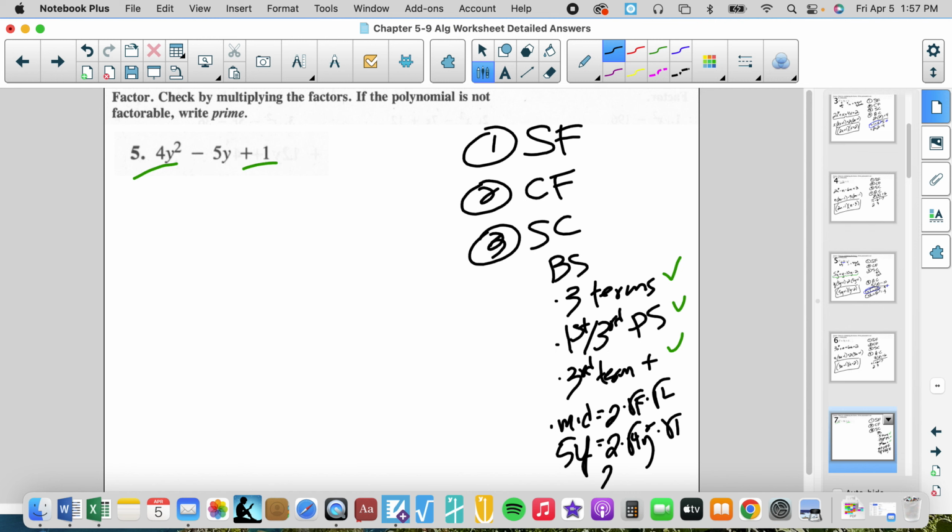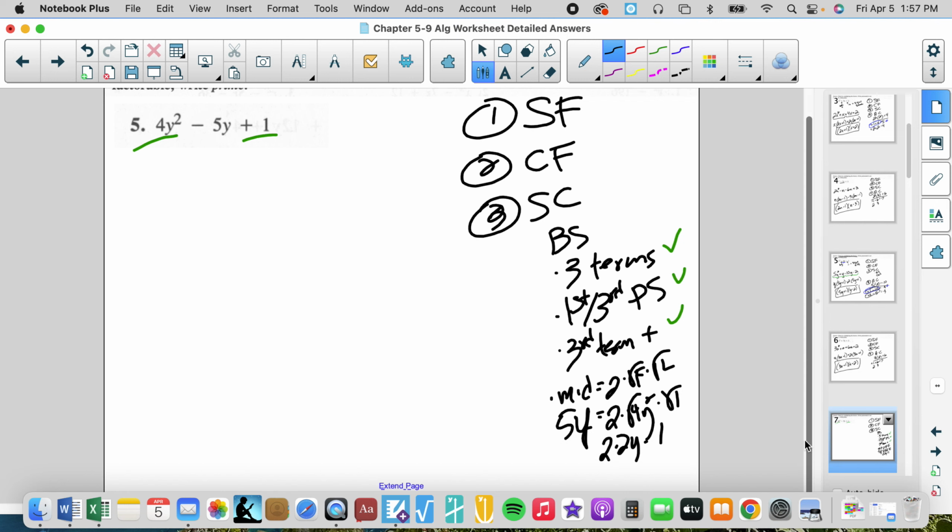Does that equal 2 times 2y times 1? That equals 4y. So 5y does not equal 4y. So that's no. It is not a binomial square.